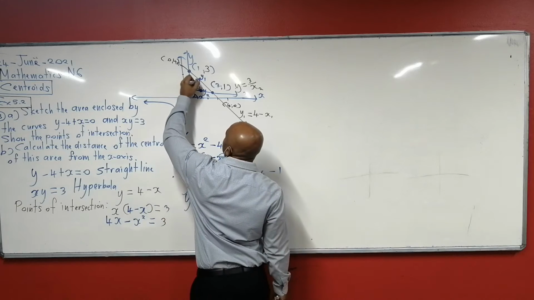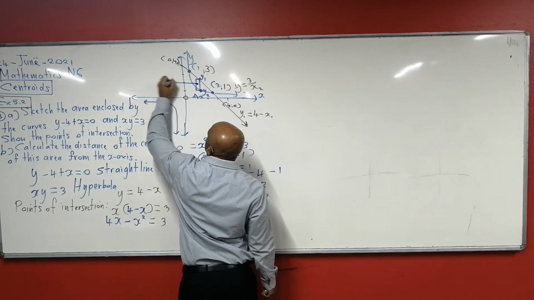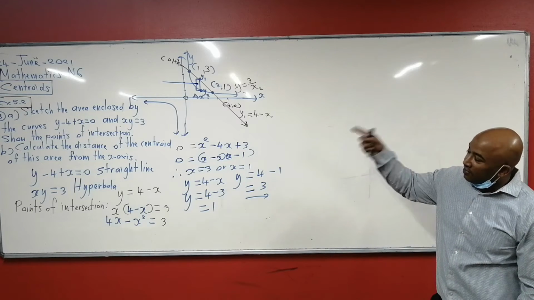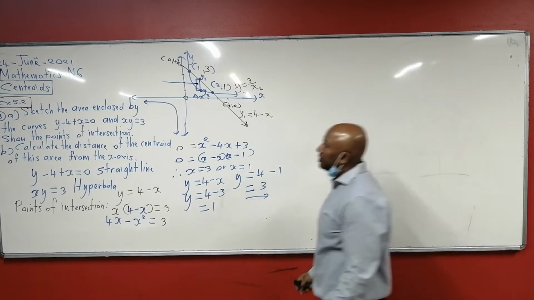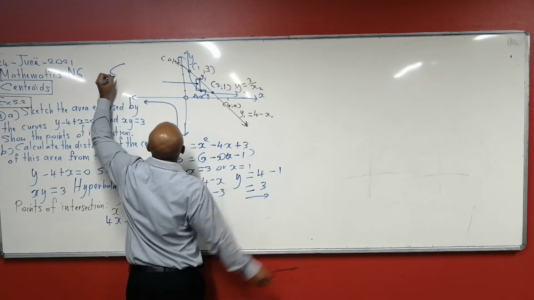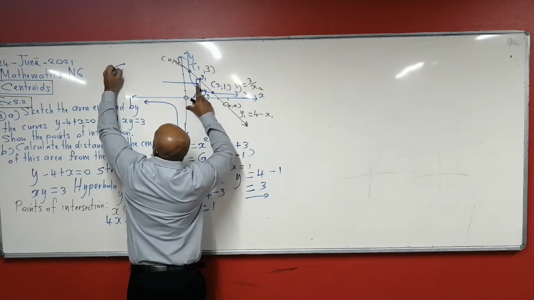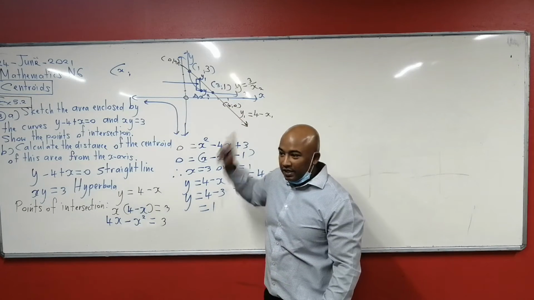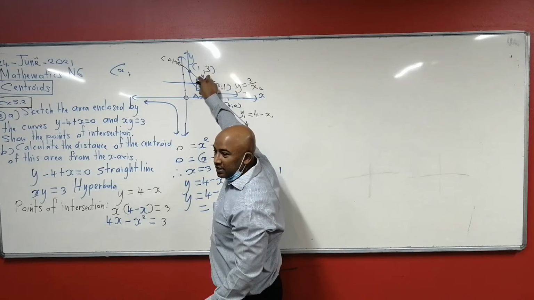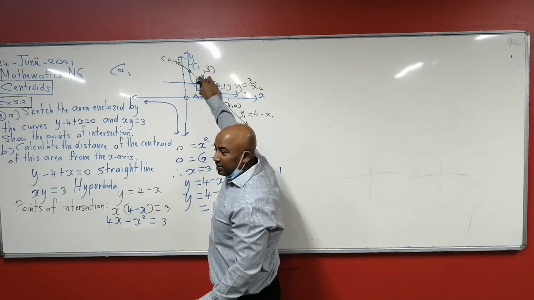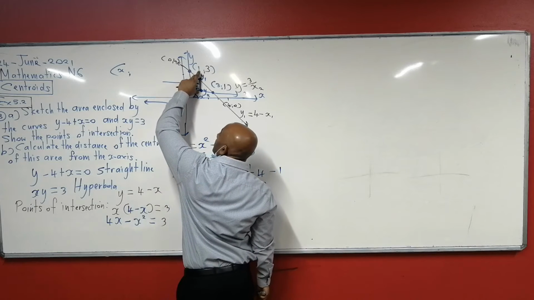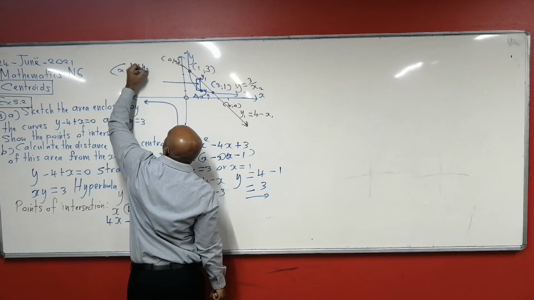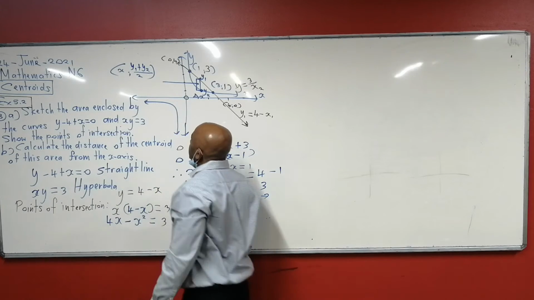Now, labeling the coordinates. The centroid of the representative rectangle: whatever x value exists within this area, the midpoint or the center point here, the y of the midpoint will be y1 plus y2 over 2.